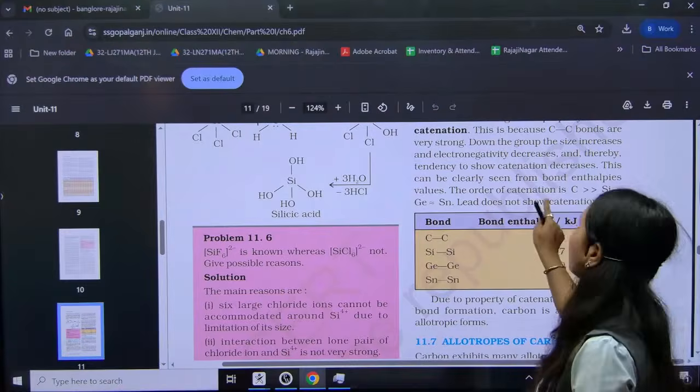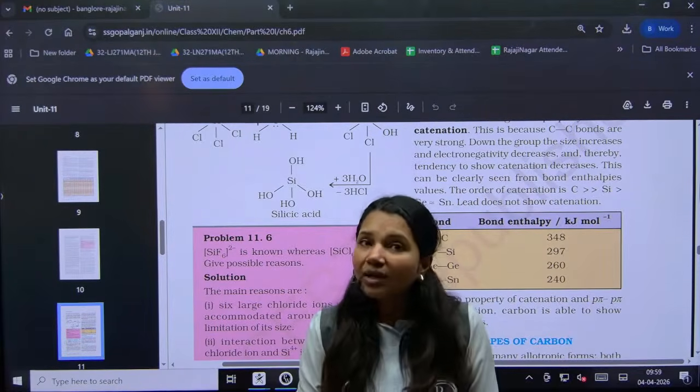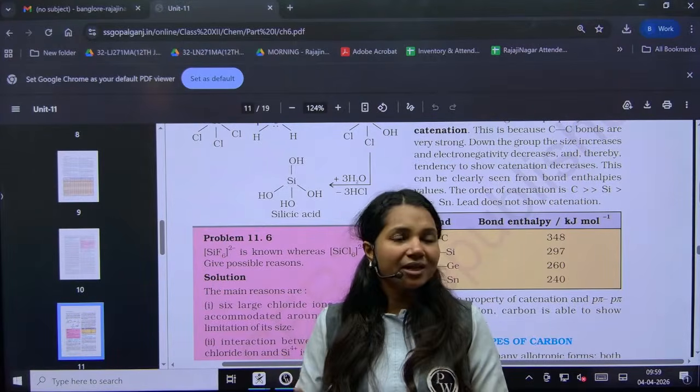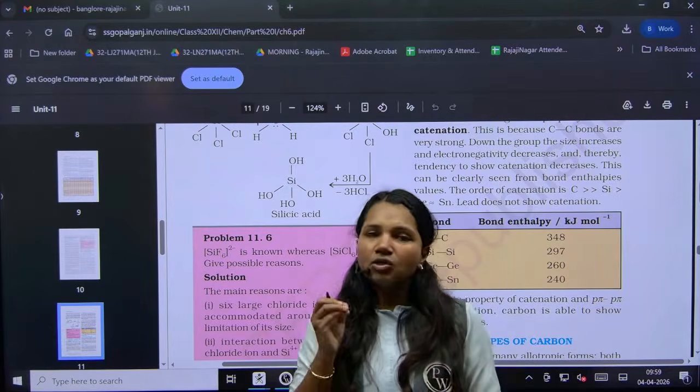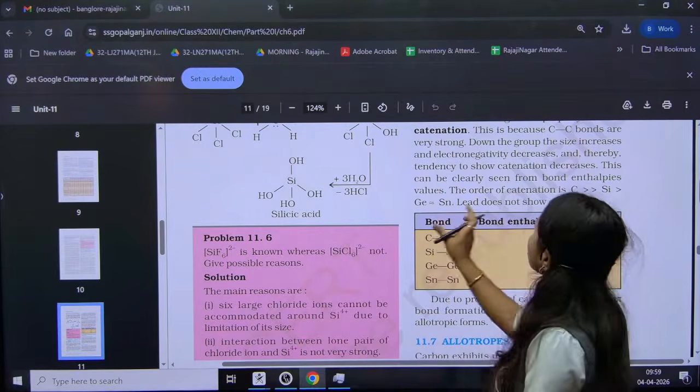What is the order of catenation? Very important: whatever data is given in the NCERT, you have to know it and stick with that portion. Especially for inorganic, you have to read the NCERT very thoroughly and remember it. So who has the maximum catenation?